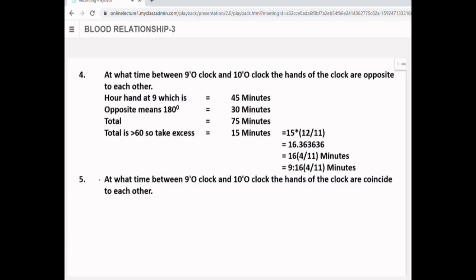Opposite is 180 degrees. Perpendicular is 90 degrees. When they are one above the other, what is the degree of the angle?